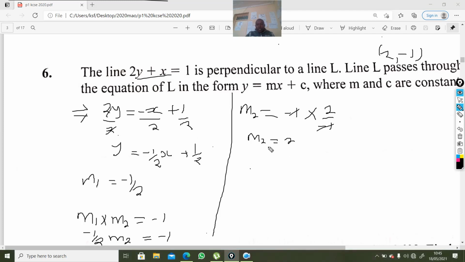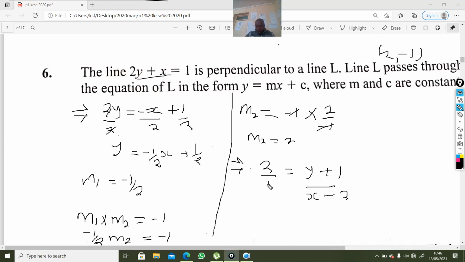So the gradient of the line L is 2, which I usually write in fraction as 2 over 1. We let another point x, y pass on L, so 2 equals y minus negative 1, that is y plus 1, all over x minus 2, and we cross multiply.